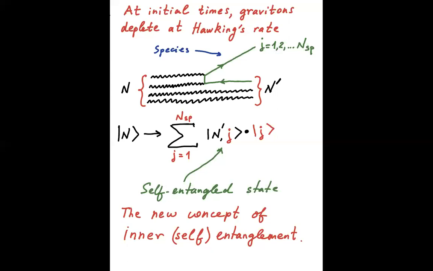So let me explain in this way. Let's start with a system, and let's forget about the black hole for a moment. Let's start with a system with a perfectly Hermitian Hamiltonian, a unitary system, which has a certain number of degrees of freedom.